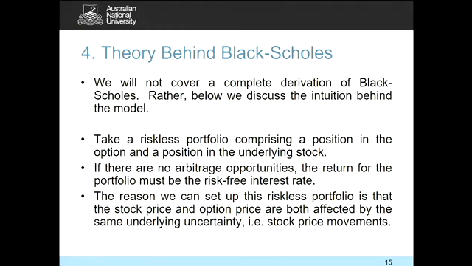Same thing today. But there's a lot of math, so we don't do it. You set up a position in the stock and the option such that no matter what happens to prices, and there's lots of things that could happen to prices, you end up with the same value of your portfolio at the very end. That's the basic step that you would take.